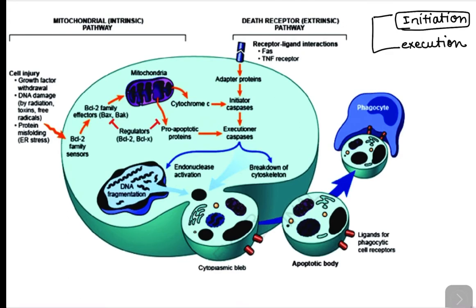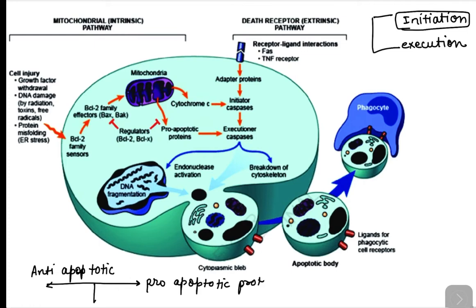Now coming to the two pathways of apoptosis. Before getting into this, let's see what the anti-apoptotic proteins and the pro-apoptotic proteins are. In the cells there are anti-apoptotic proteins and pro-apoptotic proteins.